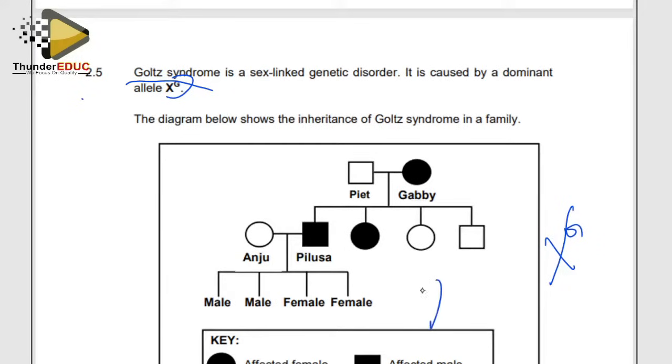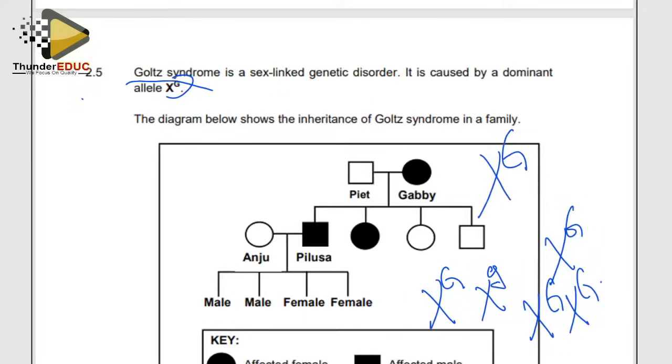If it is a female, it must have at least one G. Female, meaning it's going to have either that or that, depending on the offspring they have produced. And if it is a male, it's going to have capital G, then a Y. So this disorder is a sex-linked genetic disorder caused by a dominant allele, capital G.